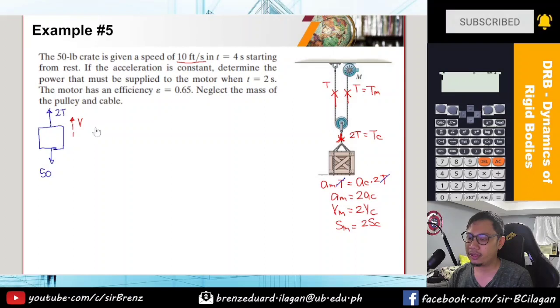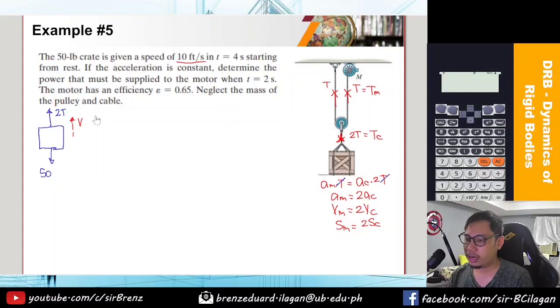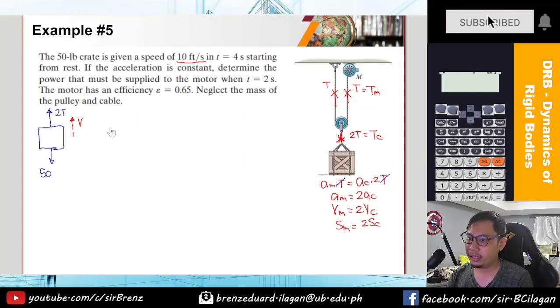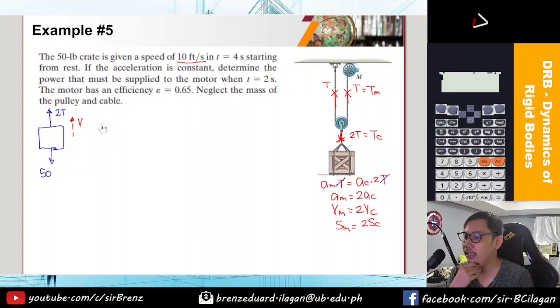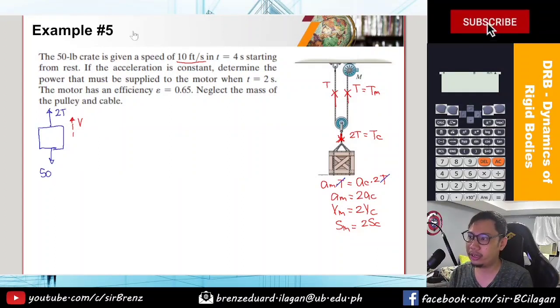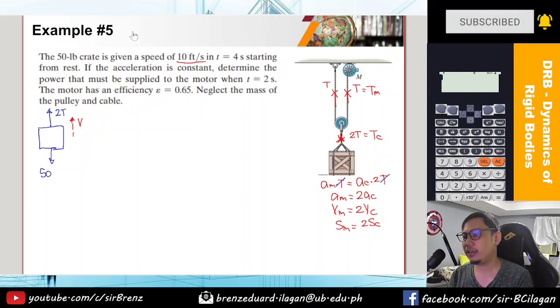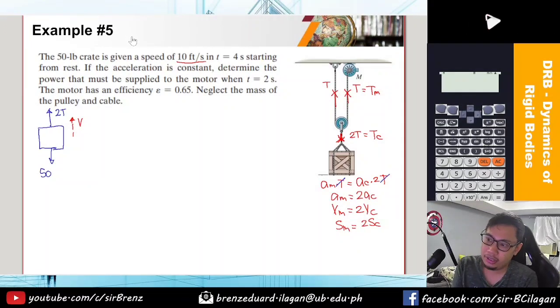Using the principles of kinematics, which equation should we use to compute the acceleration? Why do we need the acceleration? Since the motion is going upward, we will apply the concept of kinetics, and then apply the equations for efficiency.